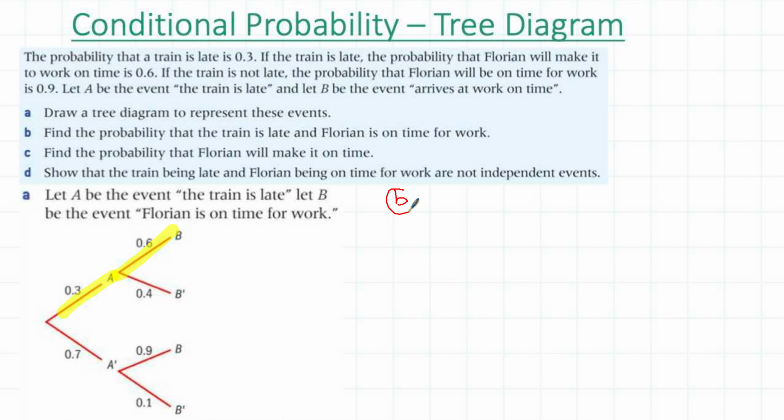So I have 0.3 times 0.6, which is 0.18. Then I have the probability that Florian will make it on time. So without giving any conditions about what happens before, I'm looking at, okay, the train might be late, but she's on time.